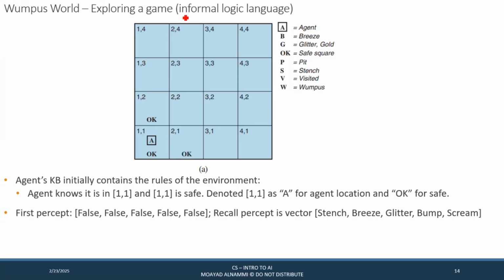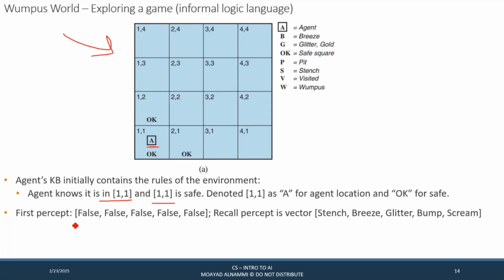So how can I use logic and inference in order to reason about this environment? I'm just going to show in English how we can do this. Let's say this is the current state of our environment. The agent starts in 1-1. And the agent knows it is in 1-1, and he knows that 1-1 is safe.